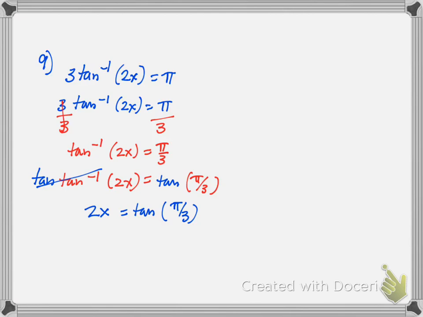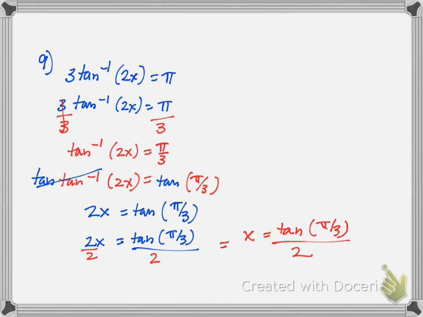So I'm basically looking to get this finally done, so I have to isolate x, so I'm going to divide both sides by 2. And remember, you're not supposed to use a calculator, so I just wanted to make that clear. So I get x equals tangent of pi over 3, over 2.